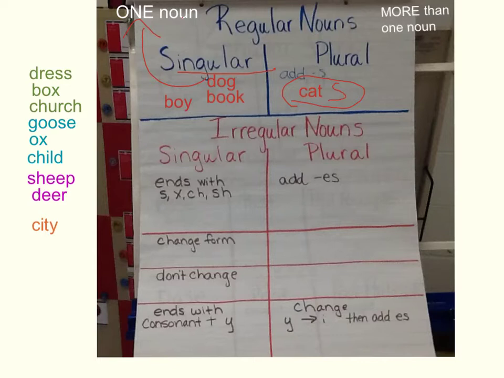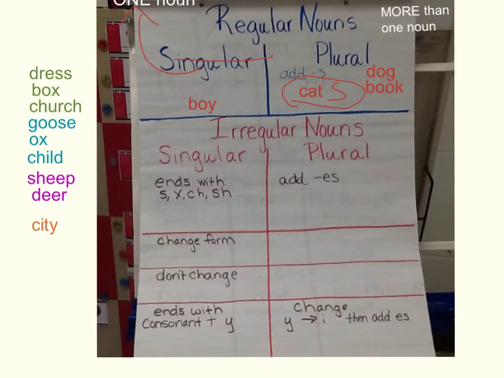That's easy. The rule is that when you take a noun that's singular, all you should have to do to make it plural, or more than one, is just add the S. So a boy becomes boys, dog, dogs, book, books.